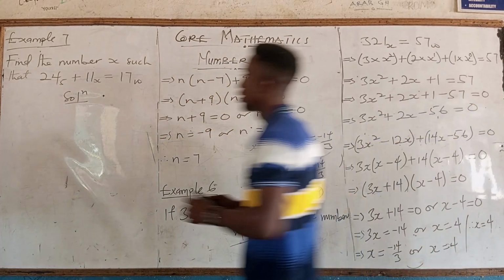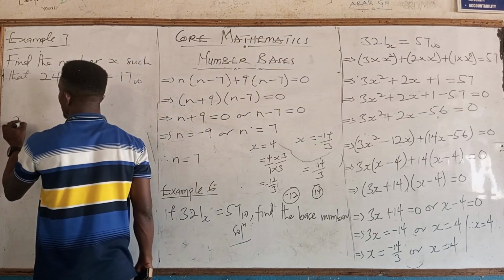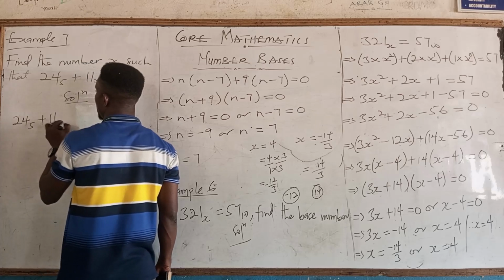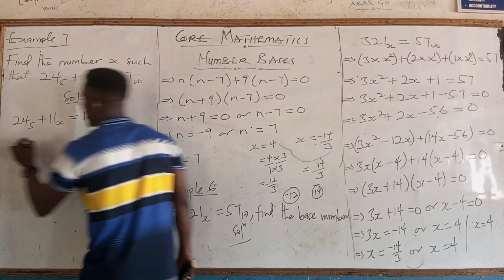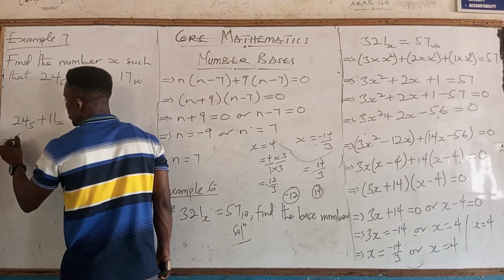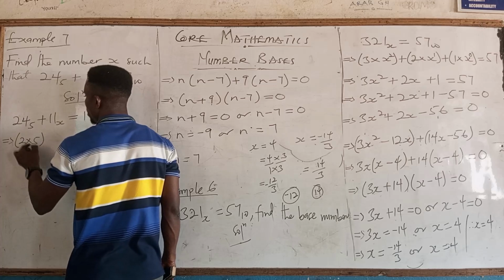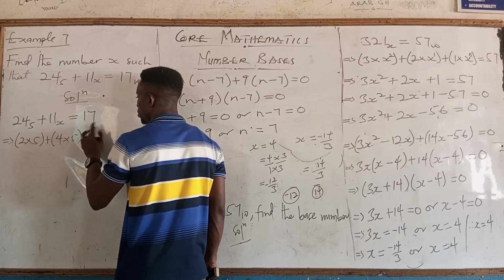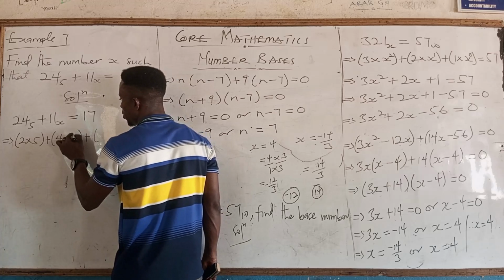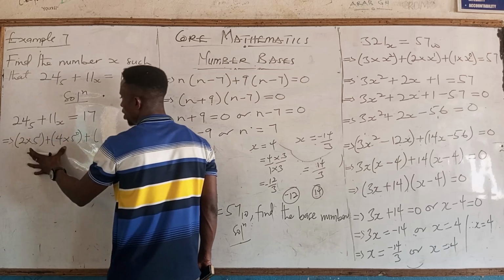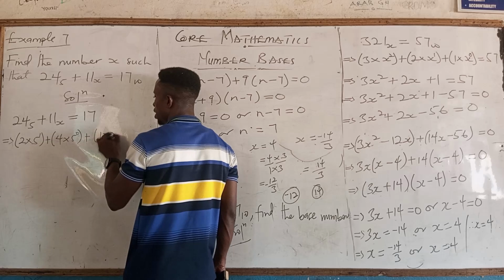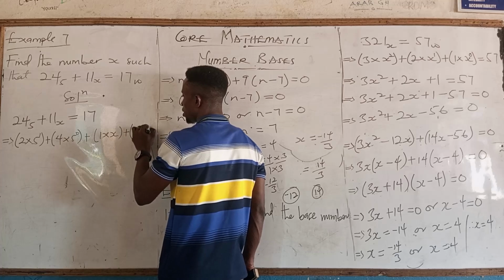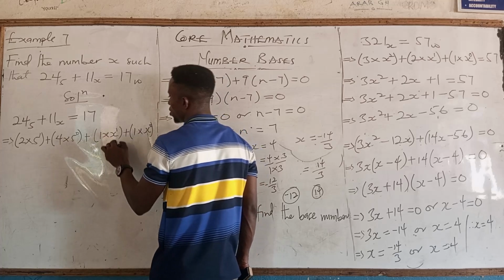Okay. So now this one gets me 24 base 5 plus 1 1 base x is equal to 17. This implies that I'll have 2 times 5 plus 4 times 5 to the power 0, and then 1 times x plus 1 times x to the power 0.